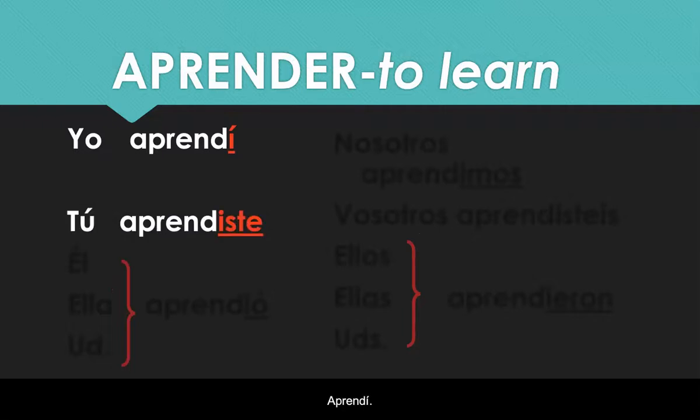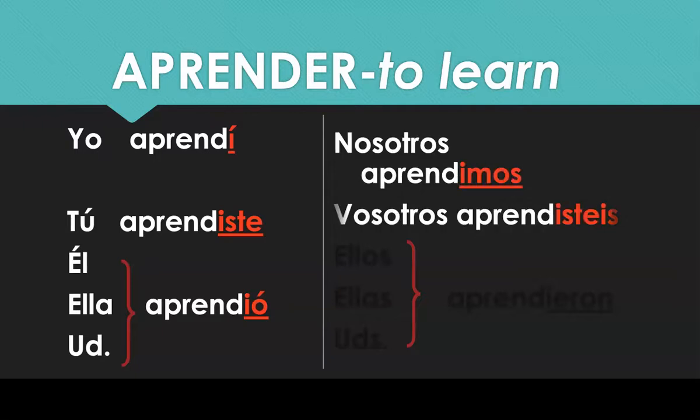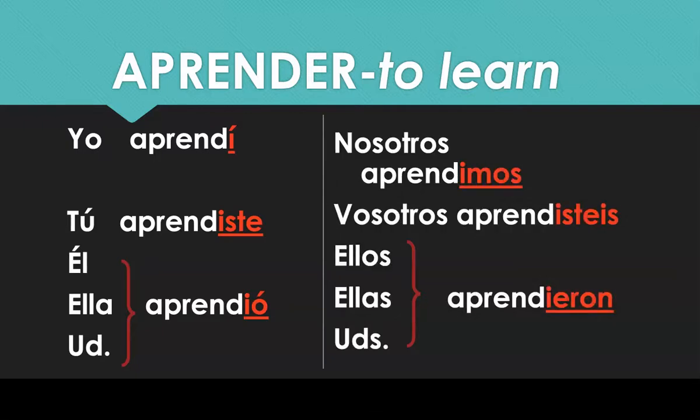Aprender. Aprendí, aprendiste, aprendió, aprendimos, aprendisteis, aprendieron. In the case of ER ending verbs, notice that it's not the same as in nosotros as in the present tense.